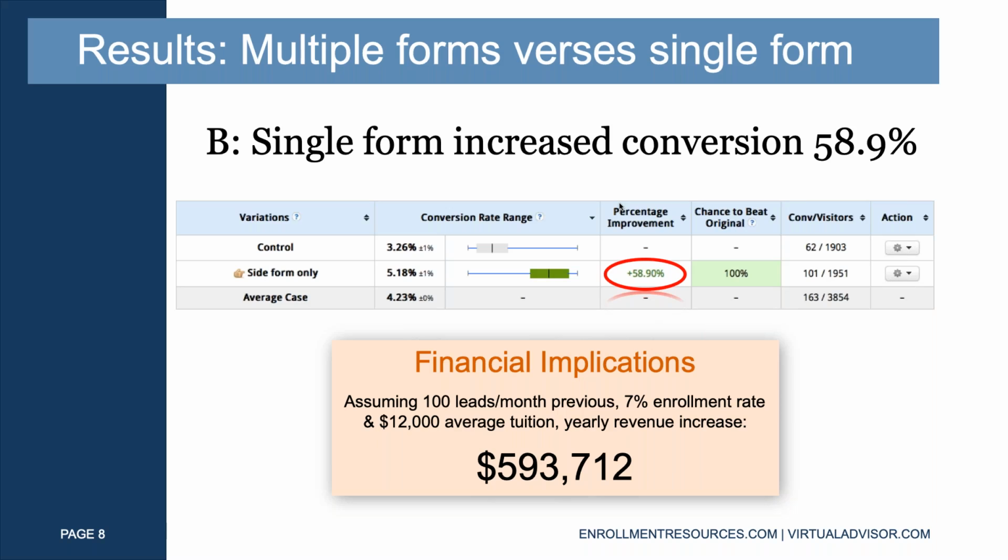Assuming 100 leads a month and a 7% enrollment rate, meaning of those 100 leads, 7 are going to turn into students, and an average tuition of $12,000, the financial implications on this particular test were just shy of $600,000, $593,712. That is a lot of money that would have been lost because of a second form on the bottom of a page.